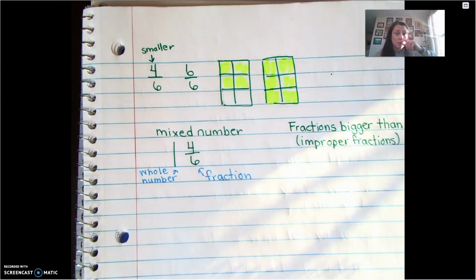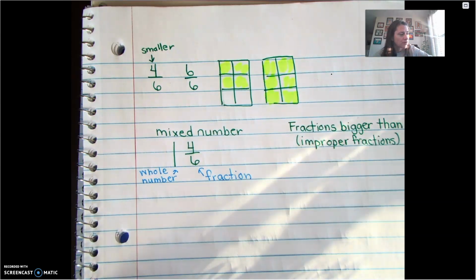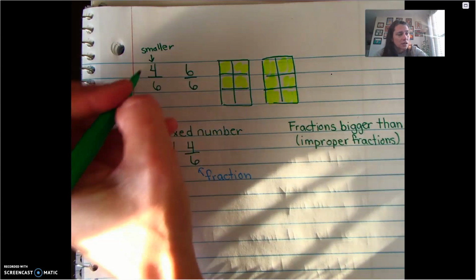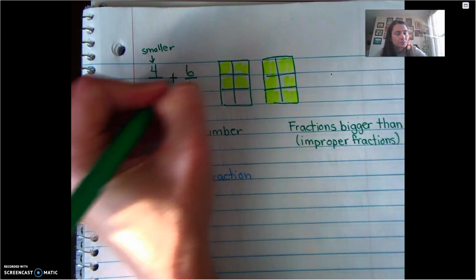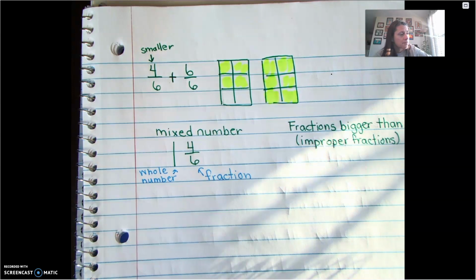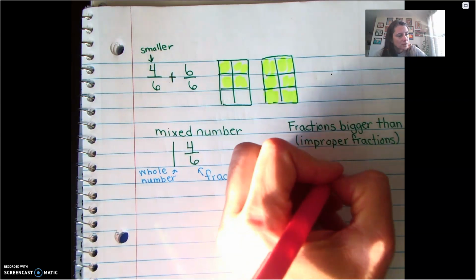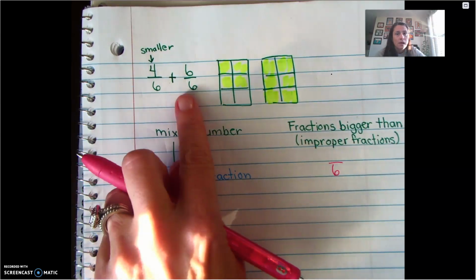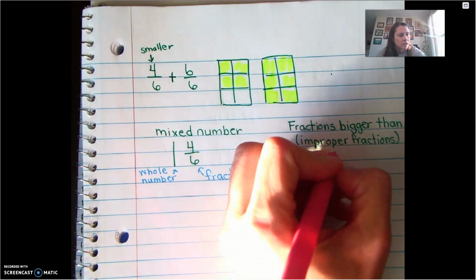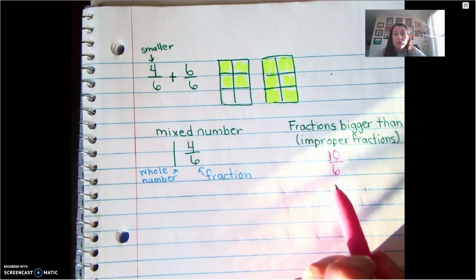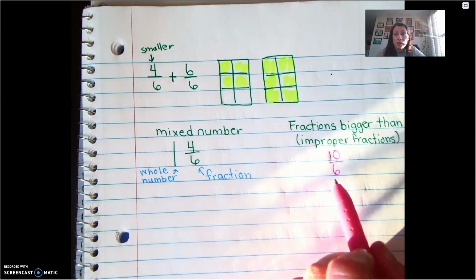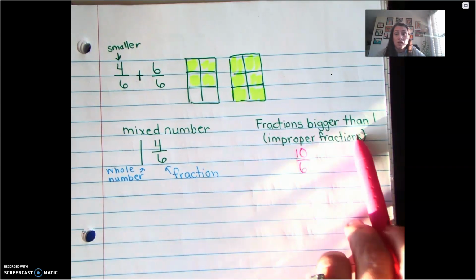Okay, and to change it to what it looks like as an improper fraction, we take our 2 fractions here and we add them. So what do we know about adding? We know that the denominator stays the same, right? So the denominator stays the same, and then we add our parts. So together we have 10 parts. Now, what you notice here is that we have a numerator bigger than the denominator. So it's a fraction bigger than 1.